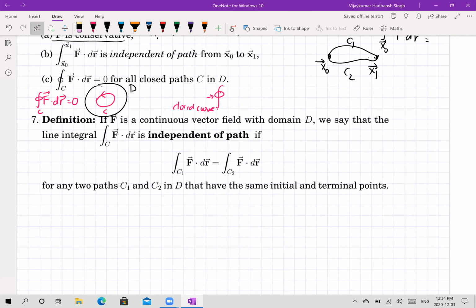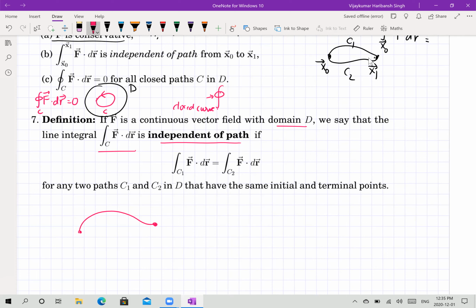So, definition. Let F be a continuous vector field with domain D. Then we say that this line integral is independent of path if, for any two paths C1 and C2 in D, the integral of F dot dr along C1 equals the integral of F dot dr along C2.